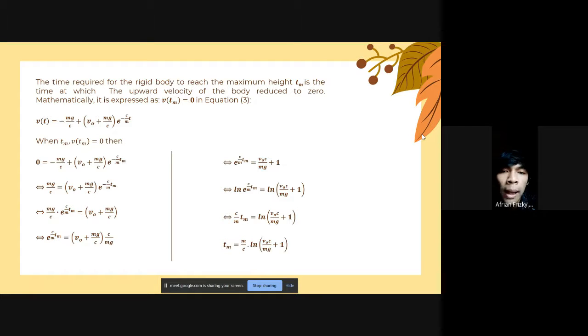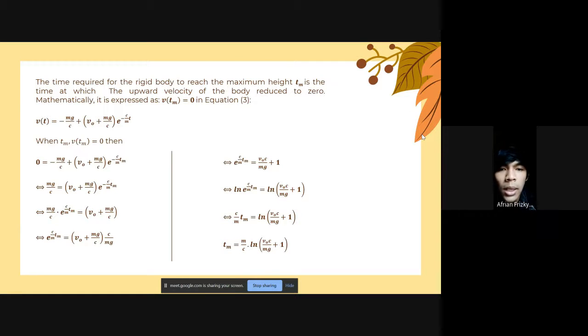Then we multiply both sides by exponential of c over m tm, and we get mg over c times exponential of c over m tm equals V0 plus mg over c. Then we multiply both sides by c over mg, and we get exponential of c over m tm equals (V0 plus mg over c) times c over mg.